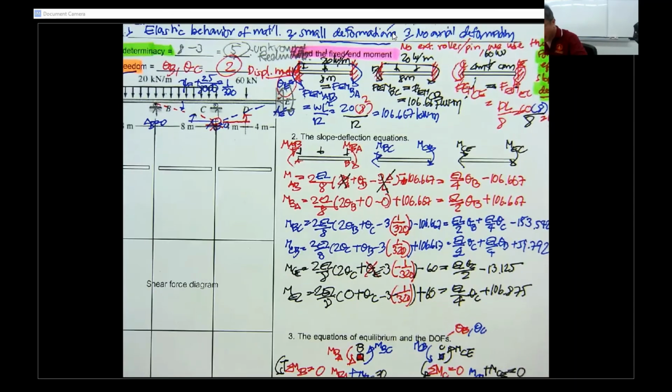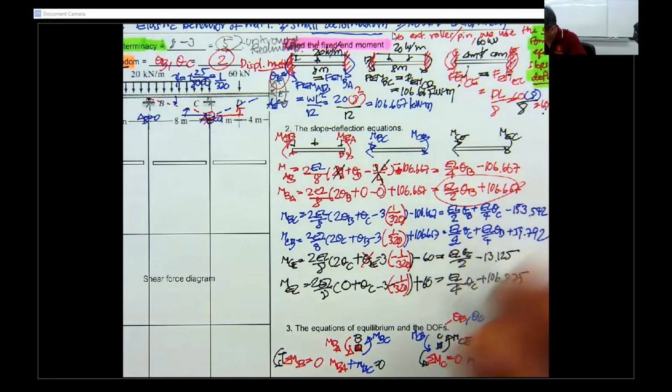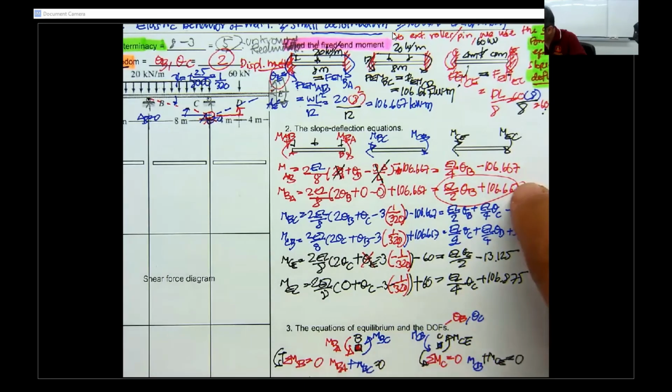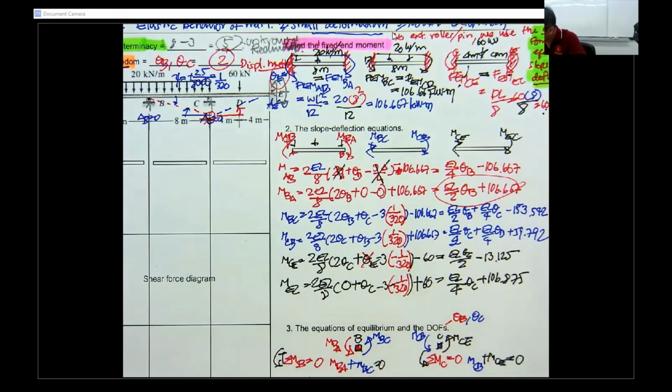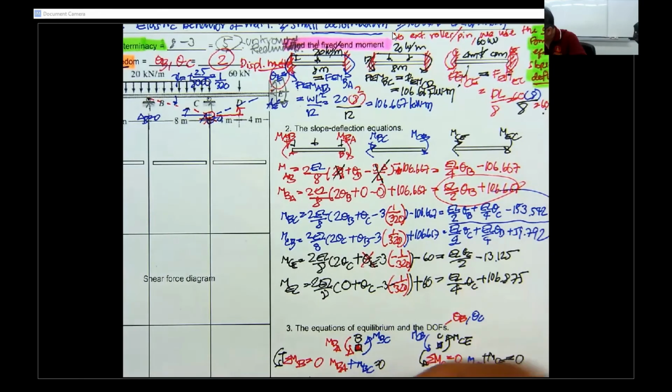Just combine them. This is going to be EI theta B minus 2 BA, and then plus 106.667, and then you have this one. You just plus EI divided by 2 theta sub B plus EI divided by 4 theta sub C minus 153.542, and this is going to be equal to 0.